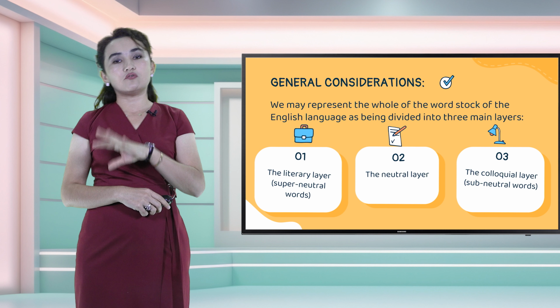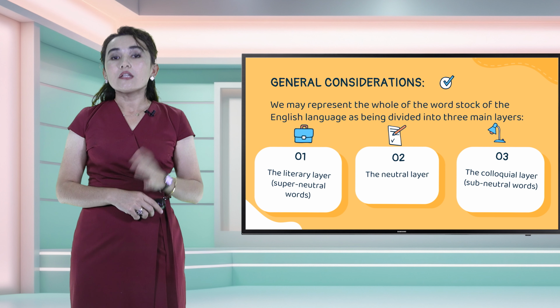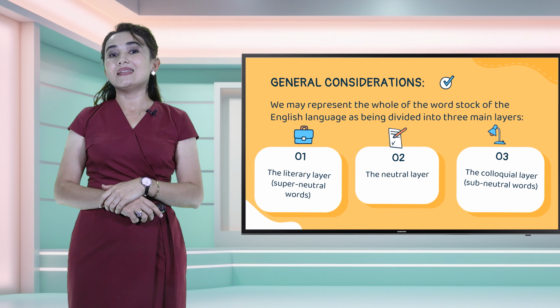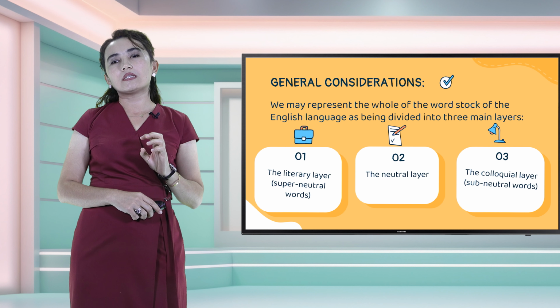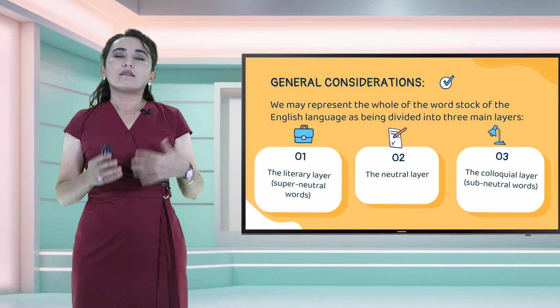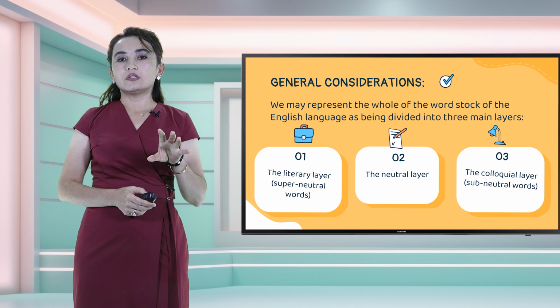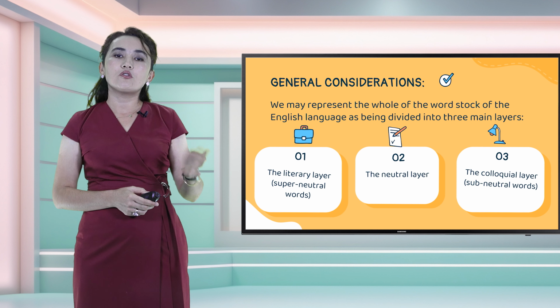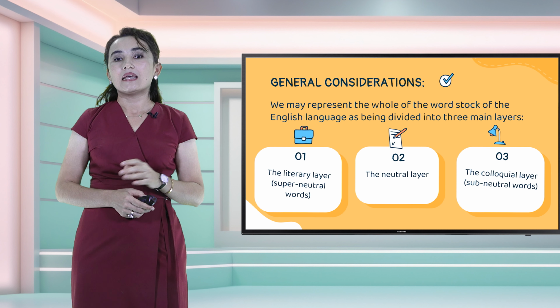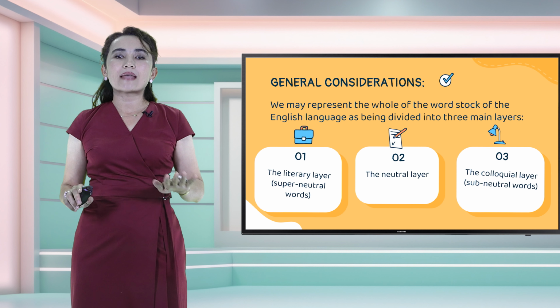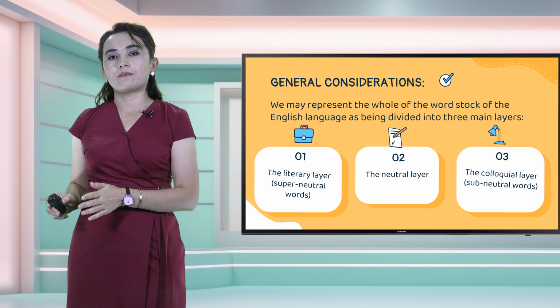So, the general consideration about the literary and colloquial layers. The literary and colloquial layers contain a number of subgroups. However, the neutral words do not. Because each of these groups, the literary and colloquial groups, has an aspect it shares with all subgroups within the layer.